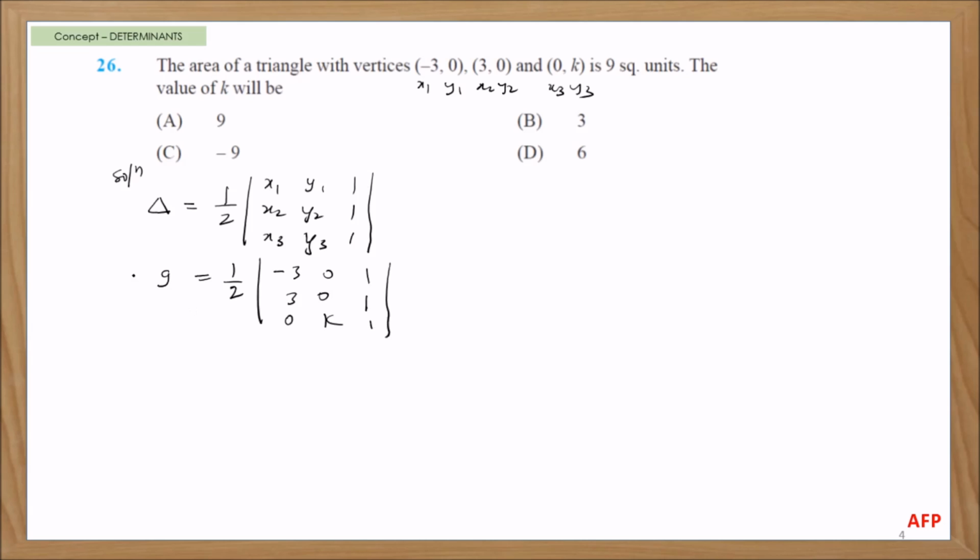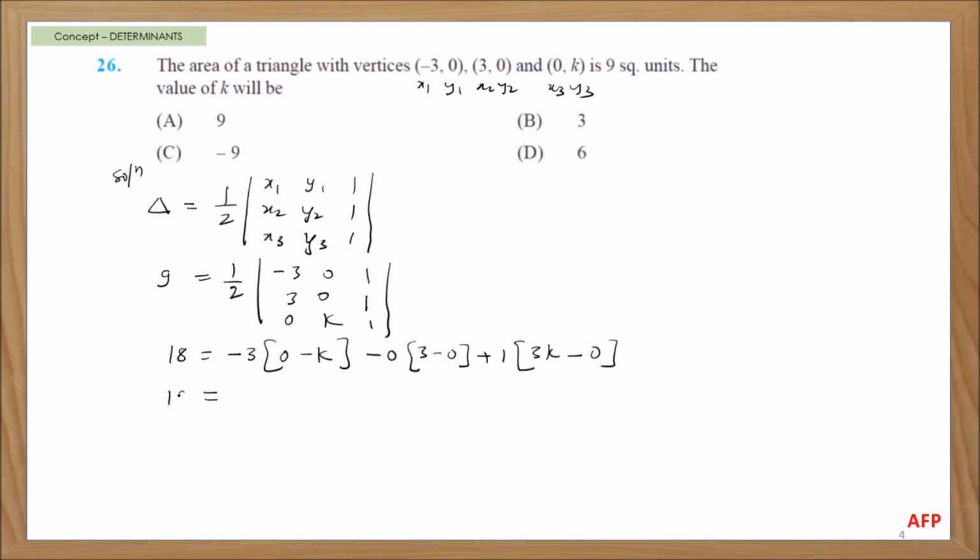So 9, if you multiply 2 to the other side, 18 you will get. So this is the determinant. If you take the expansion: minus 3 into 0 minus k, minus 0 into 3 minus 0, plus 1 into 3k minus 0.